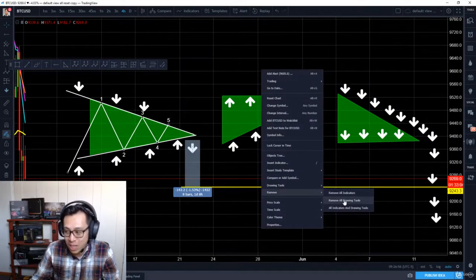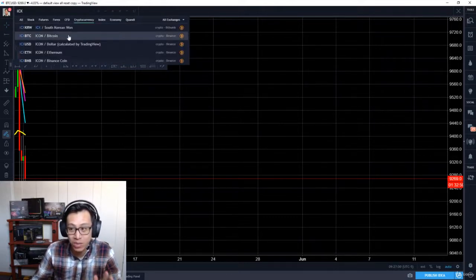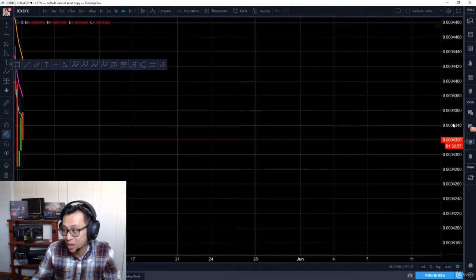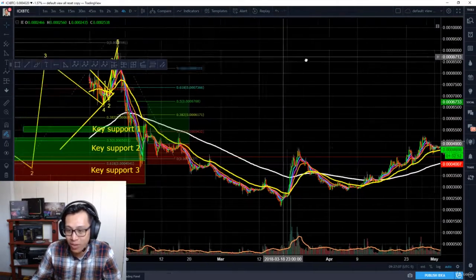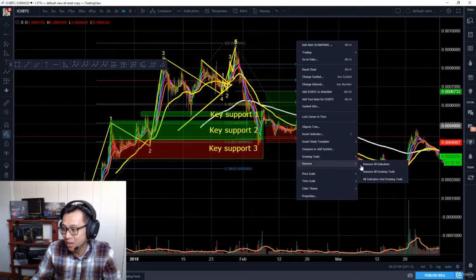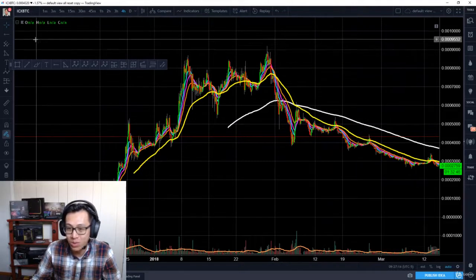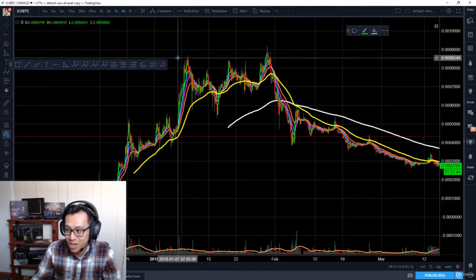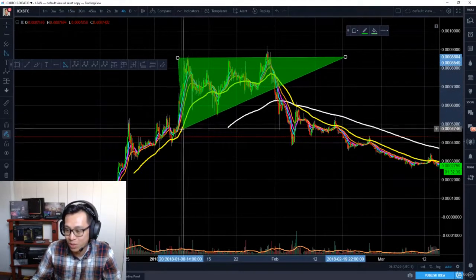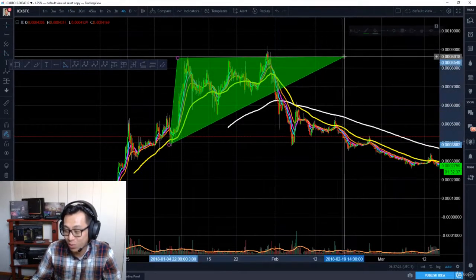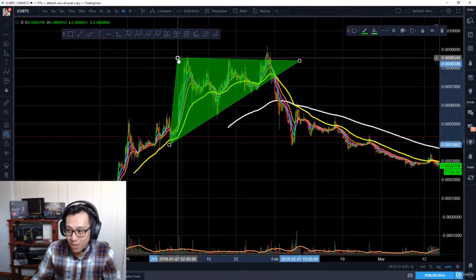So let me give you guys an example, first of all, of a pattern that was an ascending triangle, but it actually ended up failing. Because I just want to make sure that you guys really understand that sometimes we actually get ascending triangles that fail, okay? This is an ascending triangle that simply failed to materialize and it wasn't a good trade at all. Remember how in the past few videos I've been talking about throwovers?